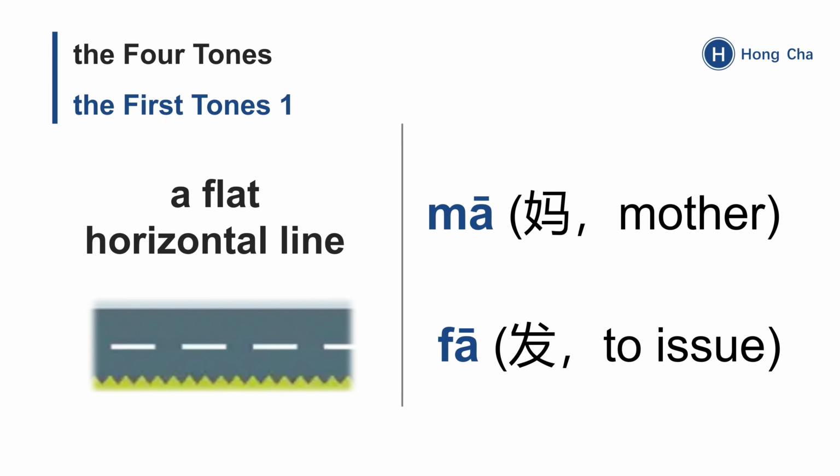The tone mark of the first tone is this, which looks like a flat horizontal line, similar to a smooth road. Its pronunciation feature is that the sound is high and flat, without any ups and downs. Common examples include mā and fā.